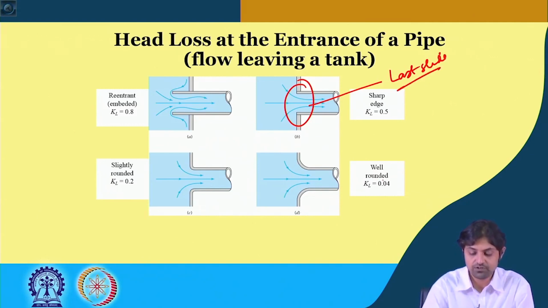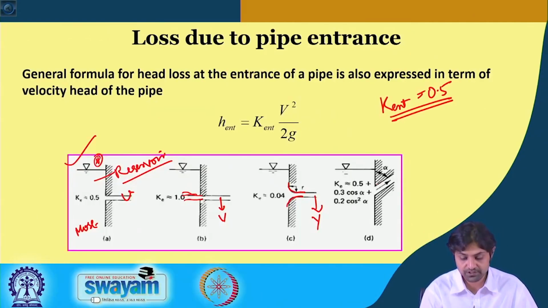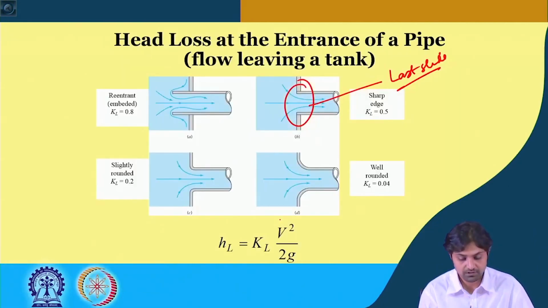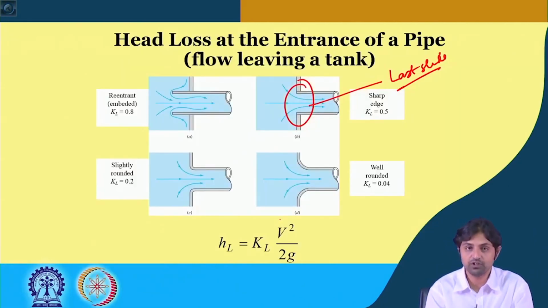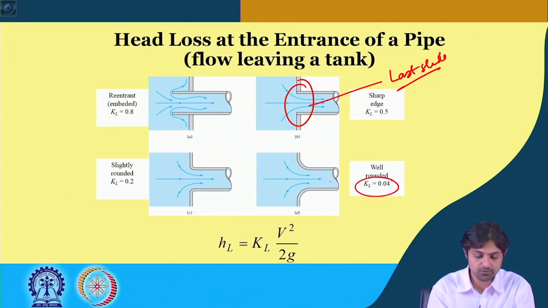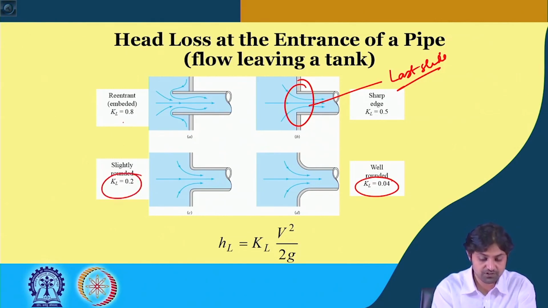If it is well rounded, you saw that there was a value of 0.04, it is a much better looking figure, but the message is the same. If it is well rounded, KL is 0.04, if it is slightly rounded it is 0.2, if it is embedded inside, you saw we had one figure where everything was inside, therefore there KL was equal to 1, but in this case it is 0.8.